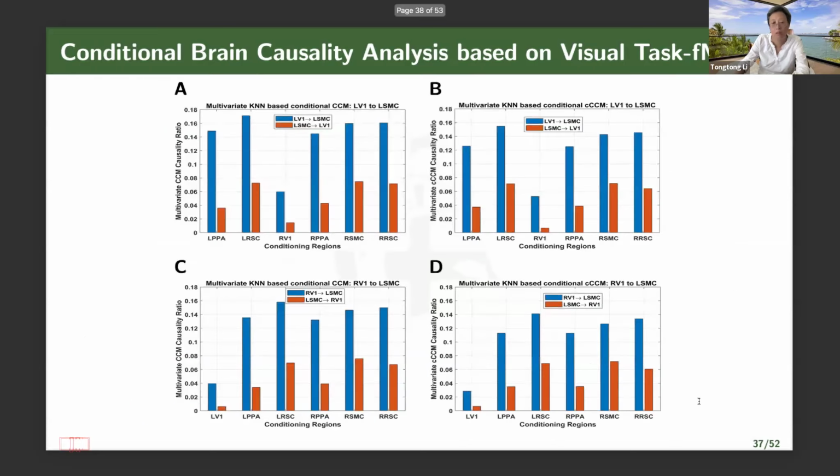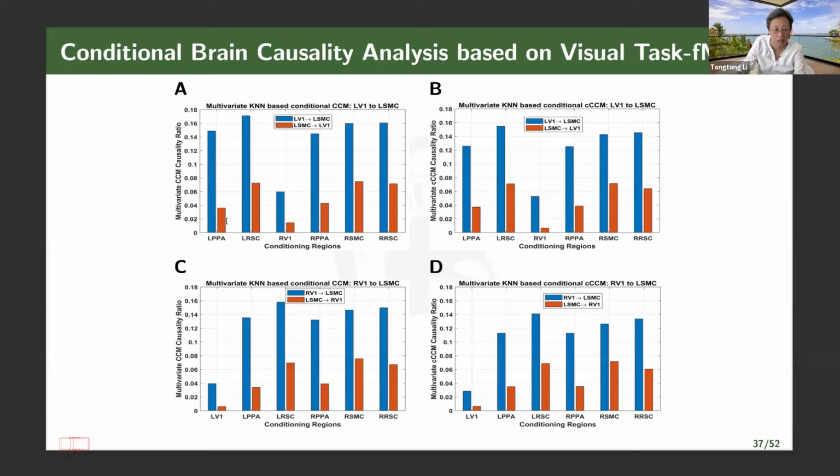We found unidirectional causality from the left visual cortex to the left sensory motor cortex. For example, this blue line here means from LV1 to LSMC, and the red one is the other direction.